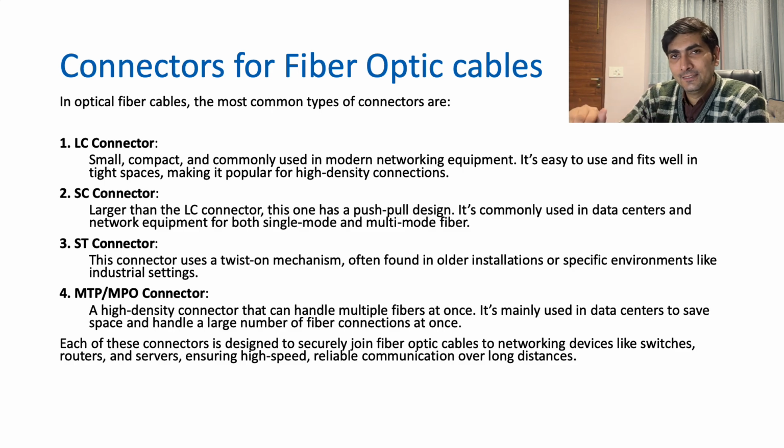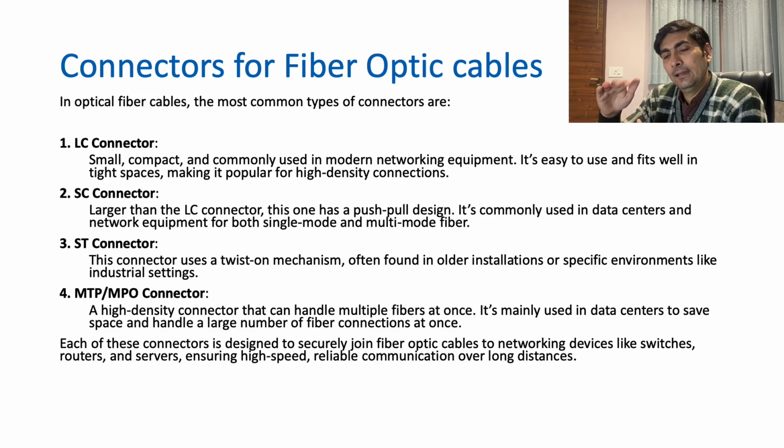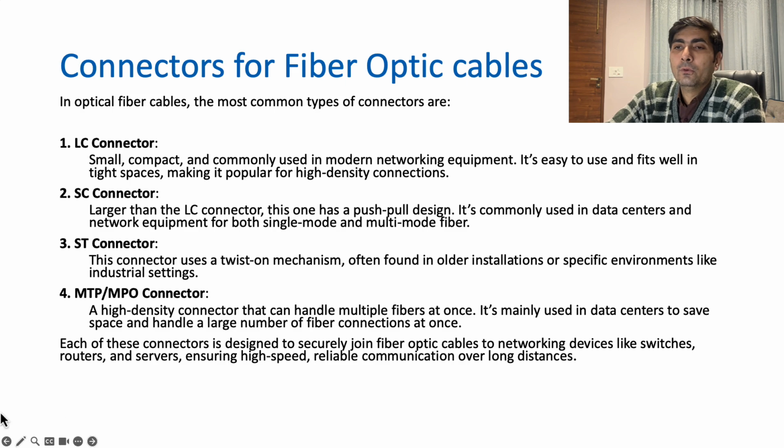So if the light is passing, it means that the cable is through. All right. So that was a way. Otherwise, you can use your mobile torch to put light on one end, and the other person at the other end should see the light coming out of it like this. So you can try this thing.